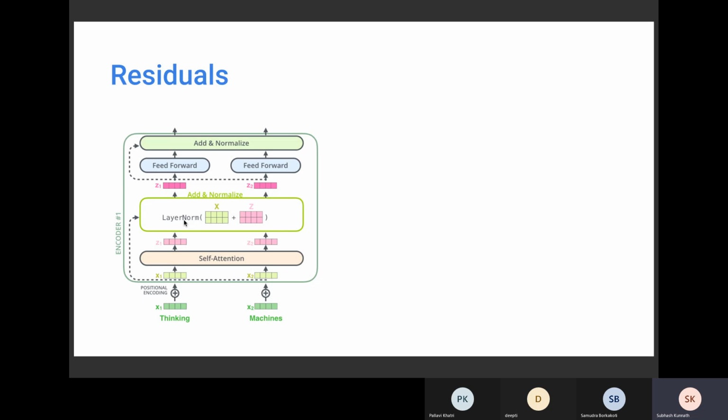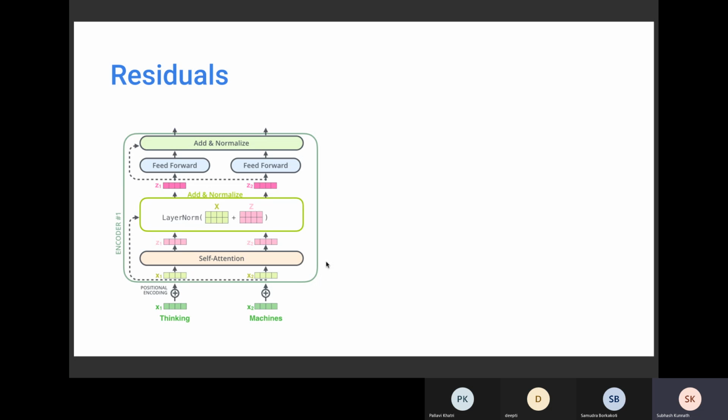In layer normalization, you subtract the mean of all the values from each of the rows, and you divide it by the standard deviation of these rows.